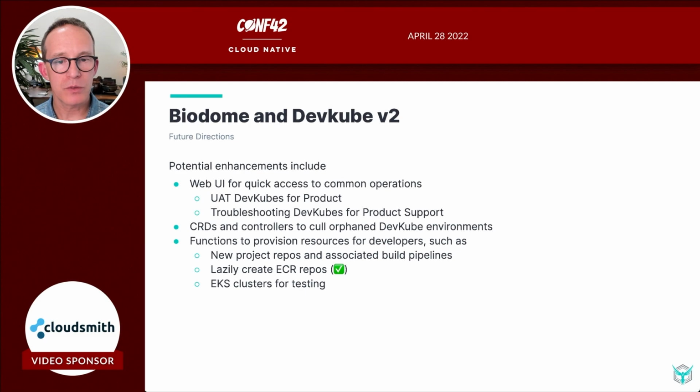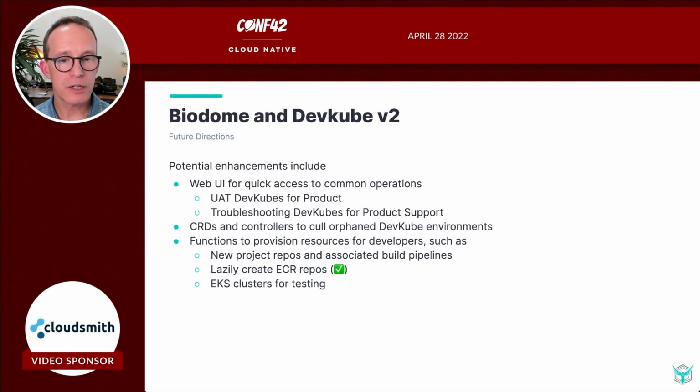We've also thought about other functions that we could use to provision other kinds of resources for developers. For instance, when we come up with a new microservice, there's a whole setup process for setting up the new repo and the associated build pipelines. And it's automated enough. We use Terraform to do that, but it's still some work.